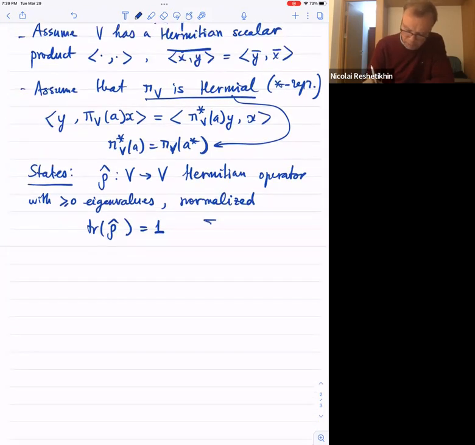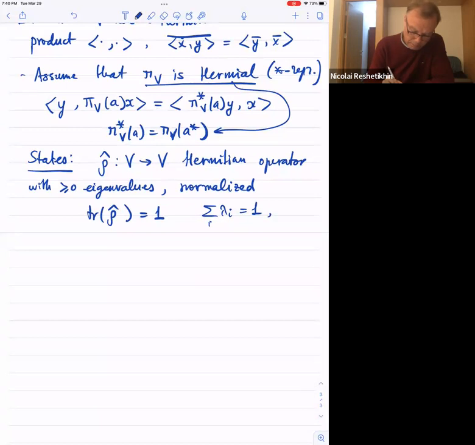In other words, the sum of eigenvalues is 1. If V is finite dimensional, then it's just the sum of eigenvalues. If V is infinite dimensional, we have to be careful about convergence. In this case, we assume that rho is trace class, meaning that trace rho exists, and it should be 1.